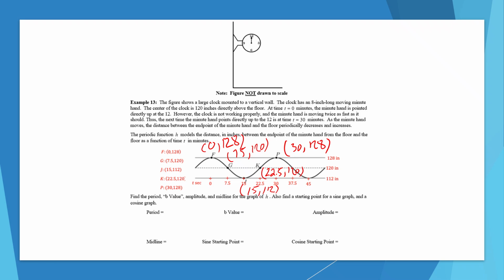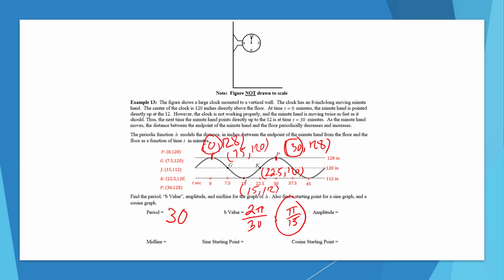Let's take a look. Find the period first. The biggest thing for the period is going to be looking at those maximums. We're going from 0 to 30, so our period here should be 30. To find our b value, it's just going to be 2 pi over our period, which should simplify down to pi over 15 as our b value.